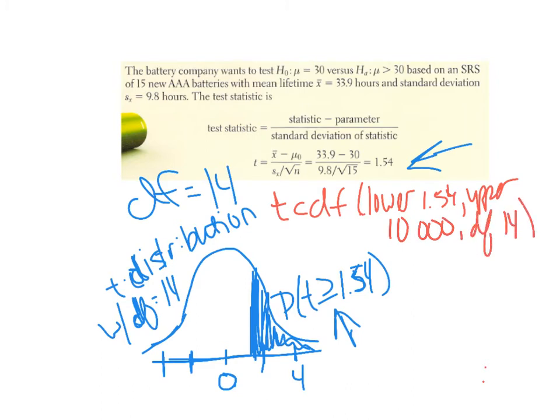That's going to give me my p-value of 0.0729. Remember, if I use my technology, that's fine, but identify your lower, upper, and degrees of freedom.